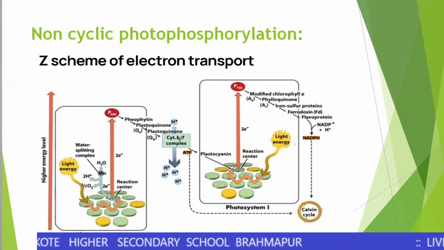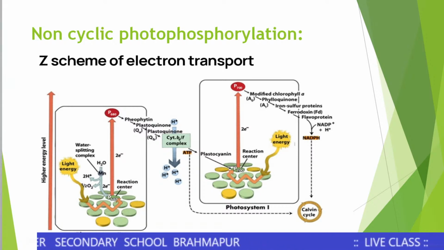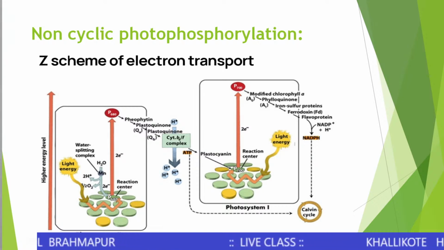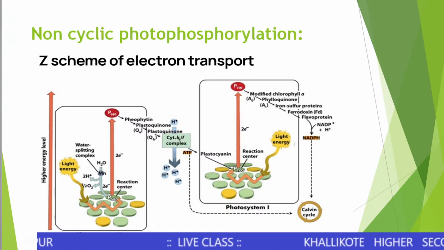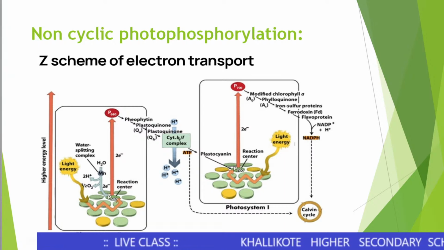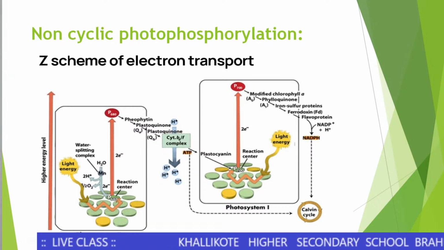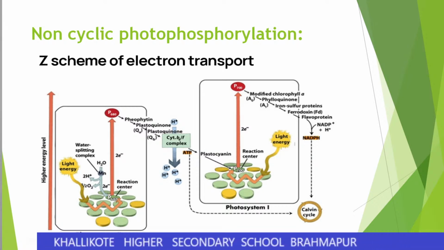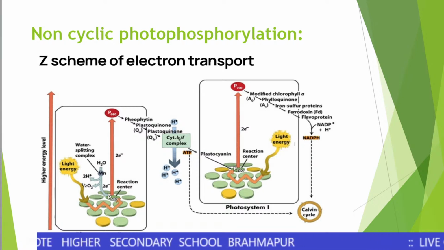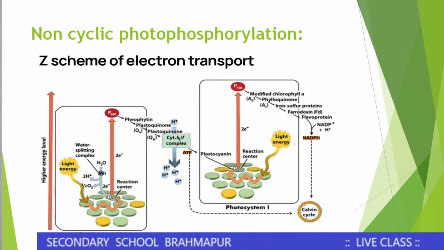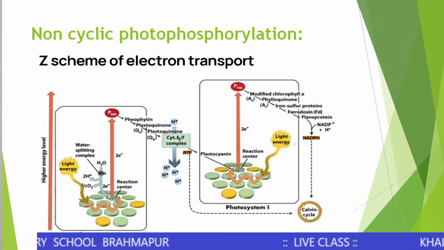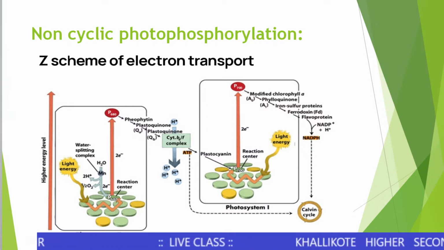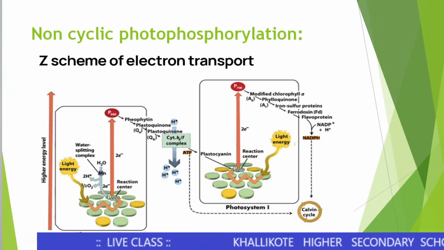The H plus ions that are released from the splitting of water will move and combine with NADP plus to give you NADPH. So the reducing power produced during non-cyclic photophosphorylation is NADPH. This NADPH has got its hydrogen from the splitting of water molecules.